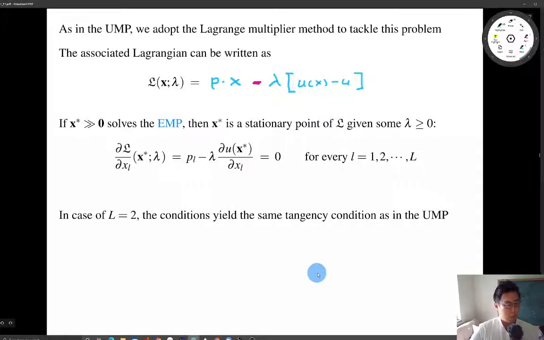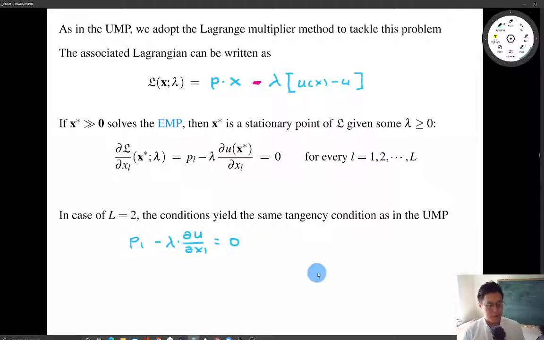So p1 minus lambda times the derivative with respect to x1 is equal to 0. So marginal utility from good 1, and p2 minus lambda times marginal utility from good 2.